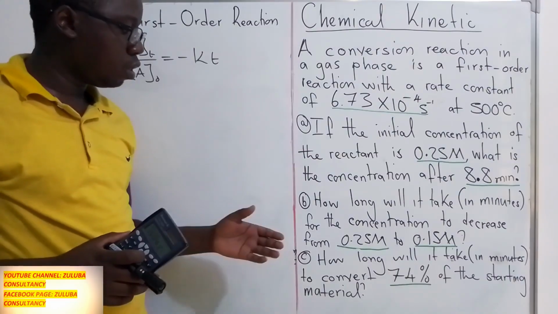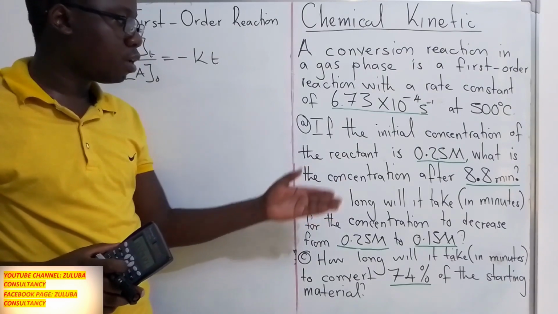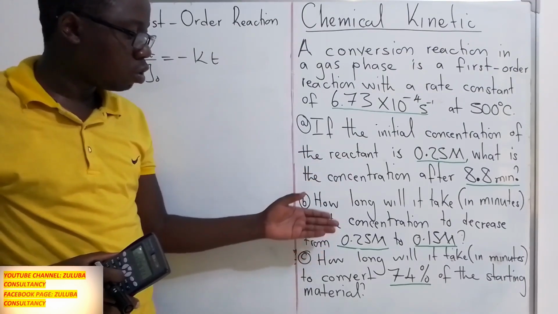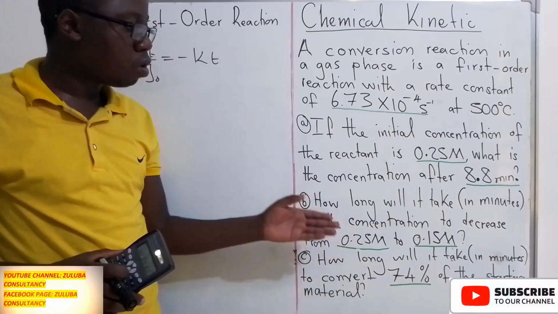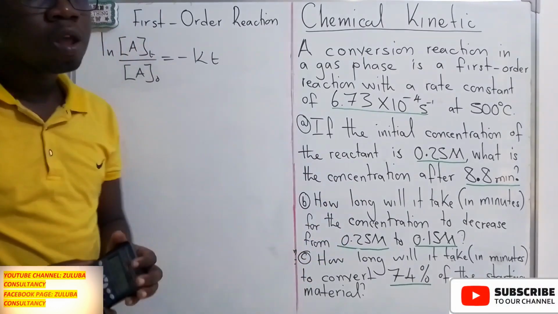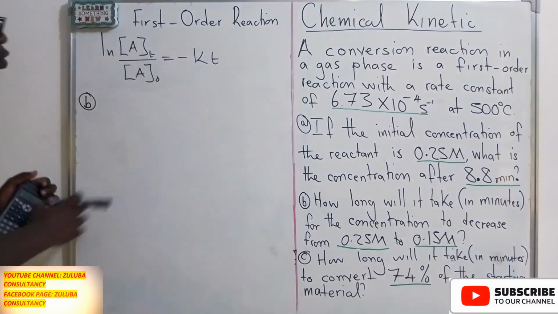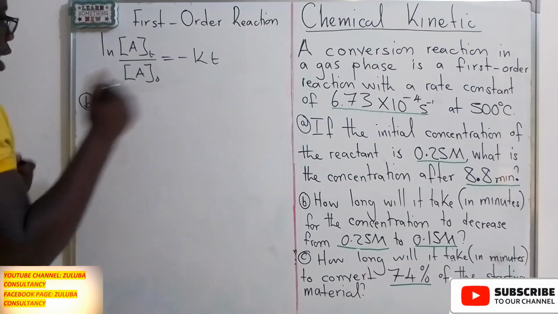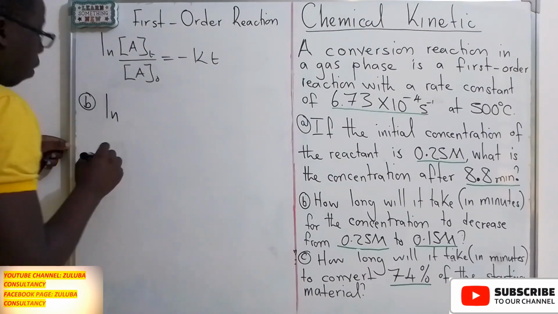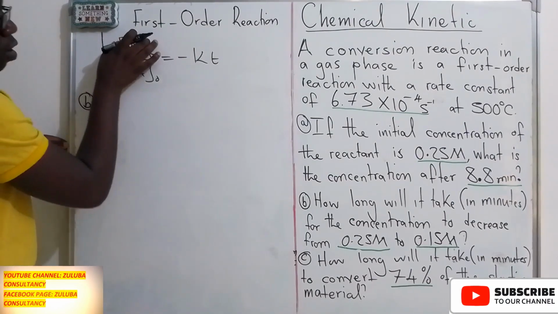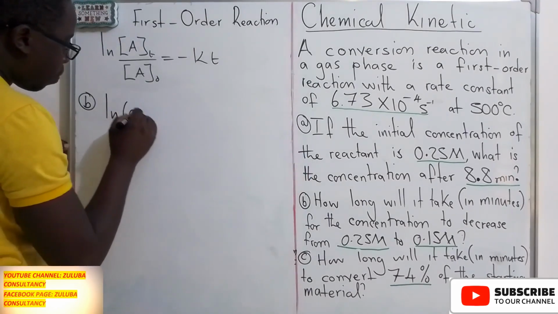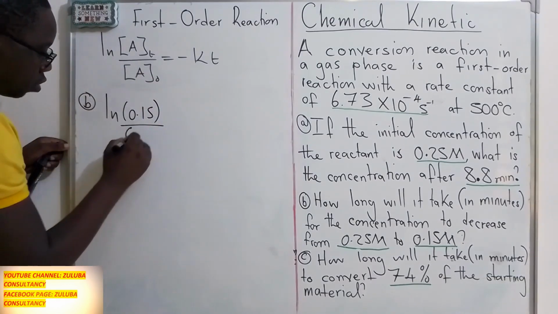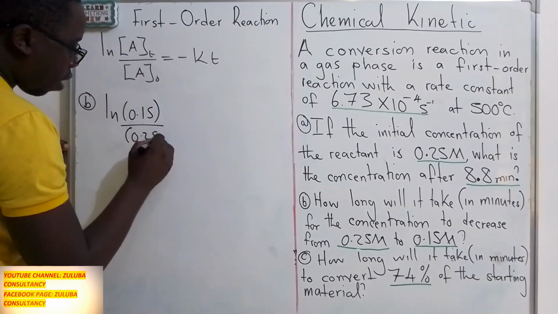The second question reads, how long will it take in minutes for the concentration to decrease from 0.25 M to 0.15 M? Now, for us to find this, we need to remember the equation for the first order reaction, and we have the natural log. The concentration at a given time is 0.15. Then the concentration at initial is 0.25.